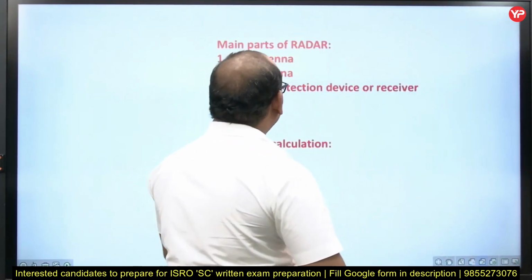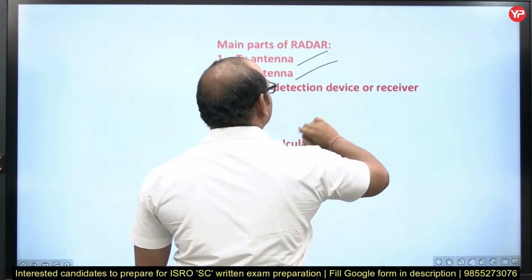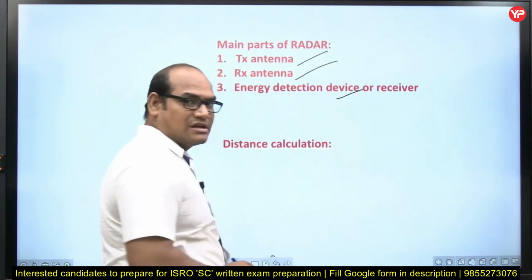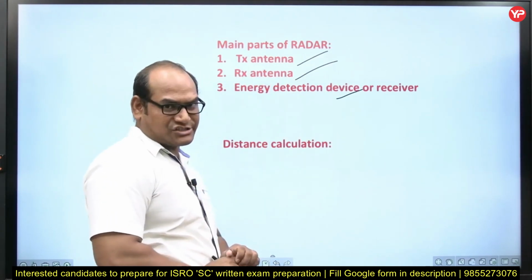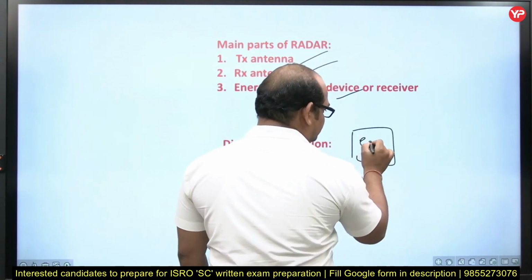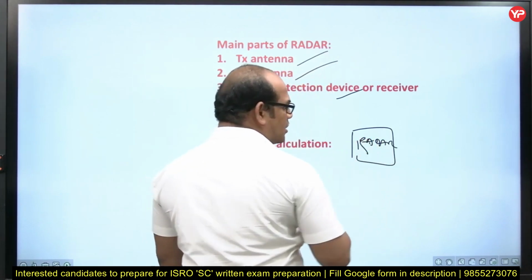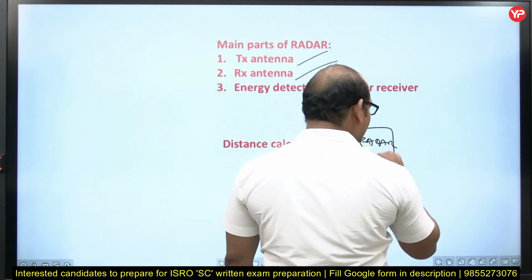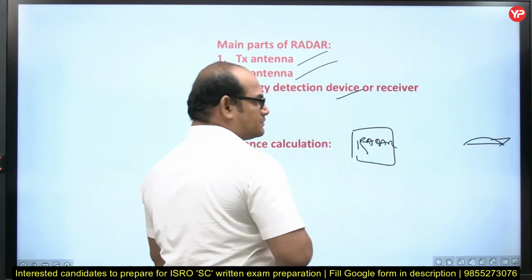Now the main parts of the radar: transmitting antenna, receiving antenna, and the energy detection device of the receiver. Just now in the previous slide we have seen distance calculation. So here the radar is there, with the transmitting antenna and receiving antenna, and here some target is available.